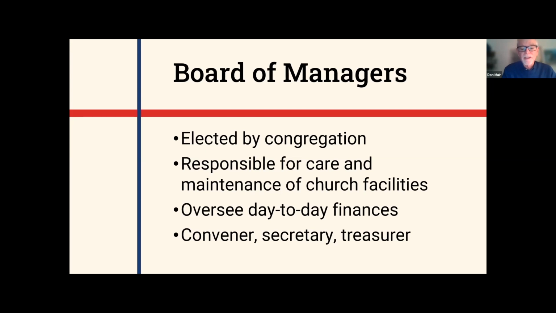At the time of the election, the congregation might appoint the convener and the secretary and the treasurer from among the board members. If that's not done, then the board appoints these positions themselves at their first meeting following their election. It's the job of the convener to ensure the board meetings are well organized and managed.